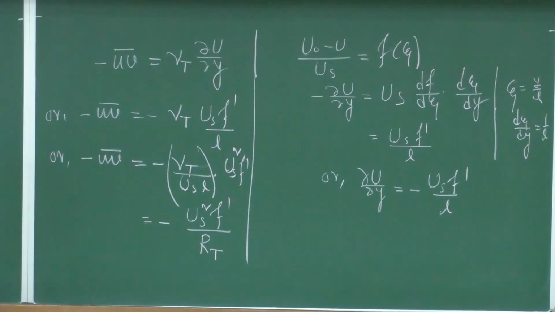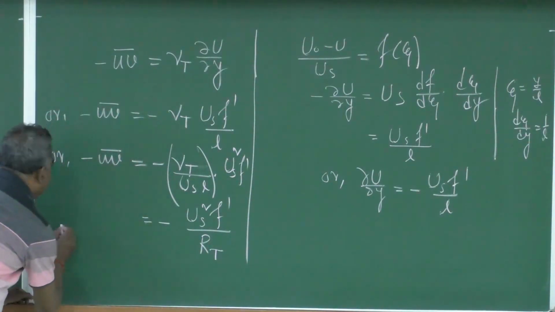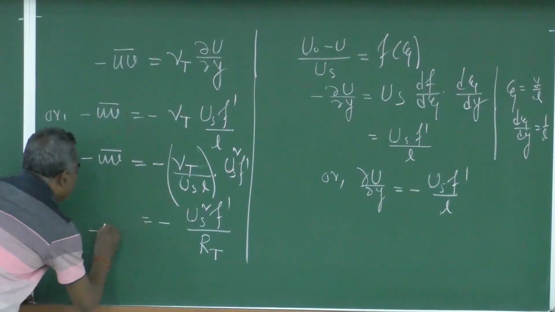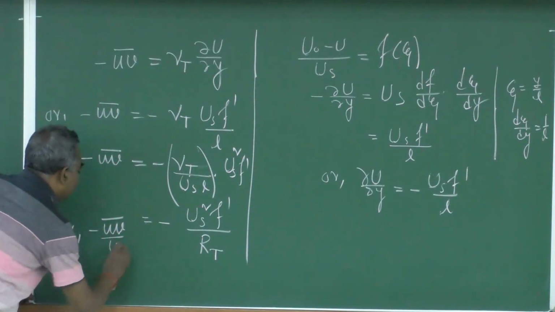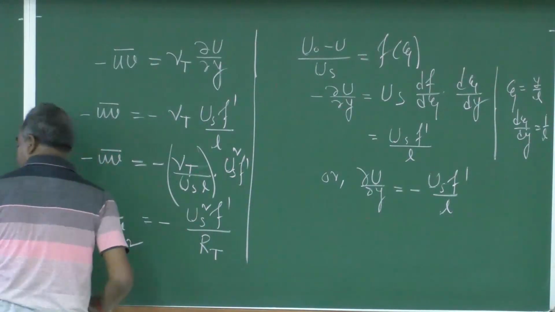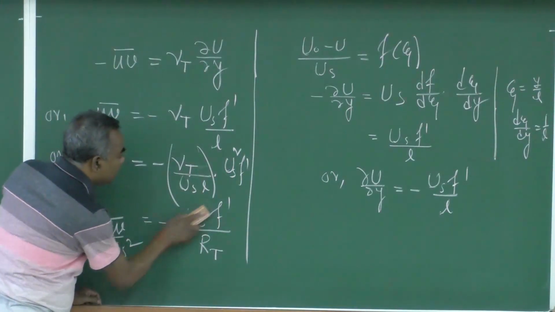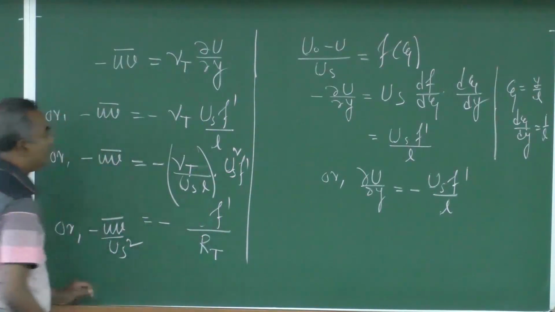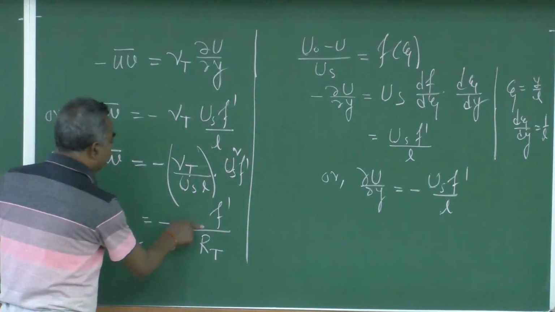Or we can say minus u v divided by u s square equals, we can remove u s, nothing but f prime divided by R t.